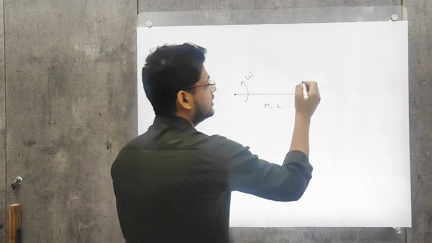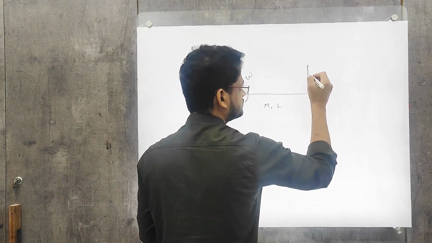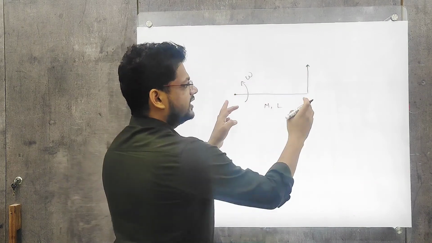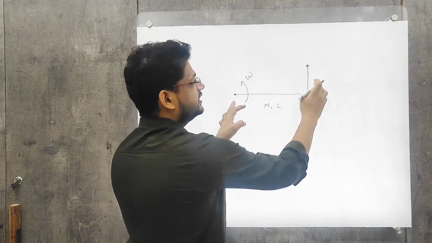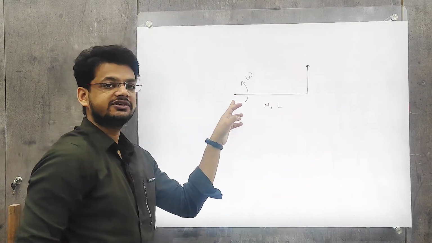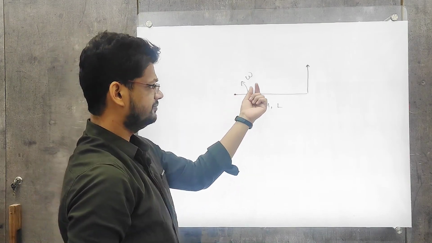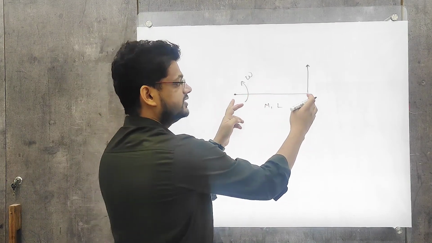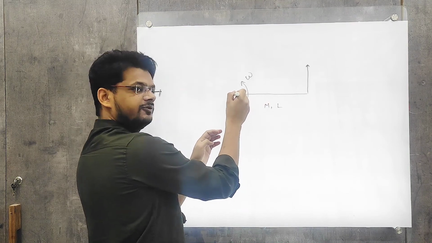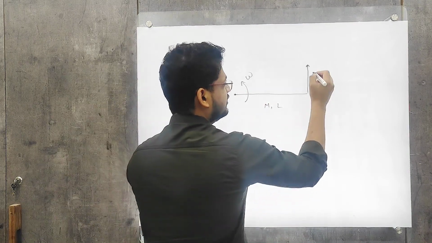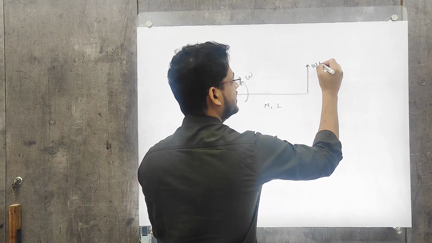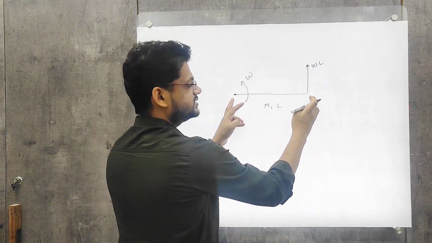How different? How do we calculate the tangential velocity in a rotational motion? We simply multiply omega with the distance from the axis of rotation. So this point will be moving with velocity omega into L, because this distance is L.